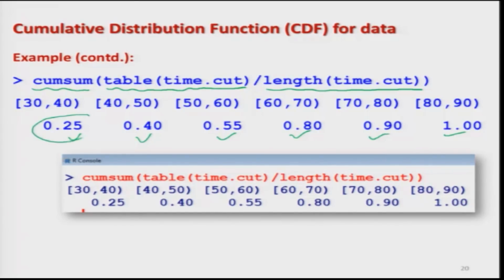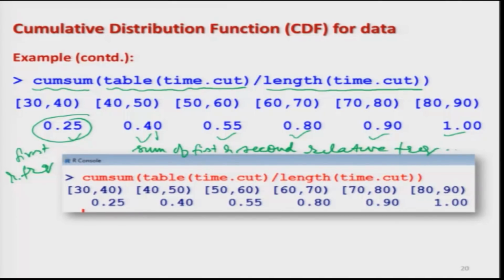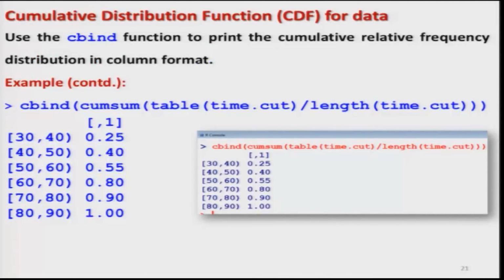This is my first relative frequency, rather, this is the sum of the first and second relative frequencies and so on. And if I want to present it in a vertical way, then I simply have to use the cbind function over this, right.